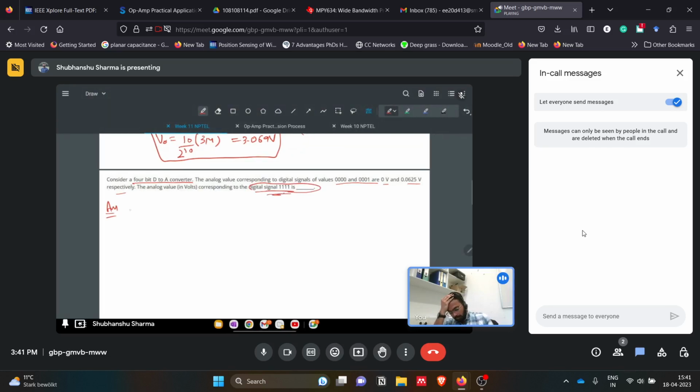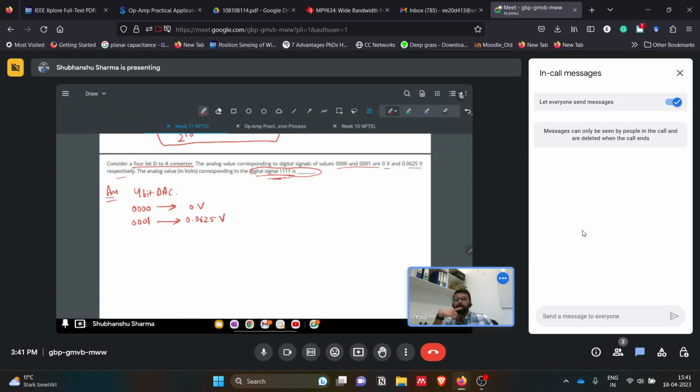Okay, so we have a 4-bit DAC. Second thing is that for 0000 we have 0 volts. For 0001 we have 0.0625 volt. Then we know that there is an increment of 1 bit in the LSB, not in the middle bits and not in the MSB.